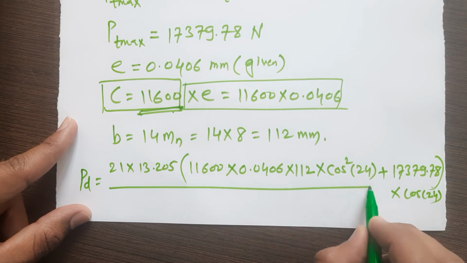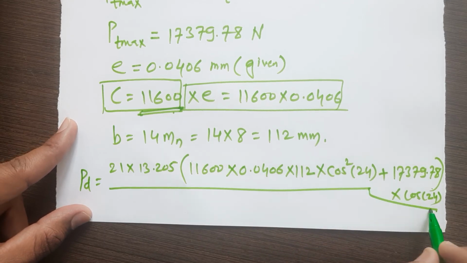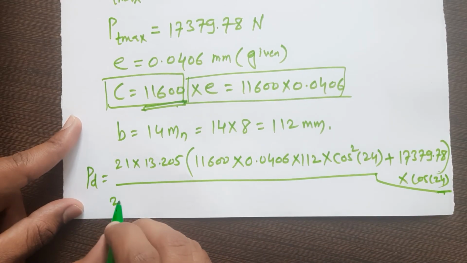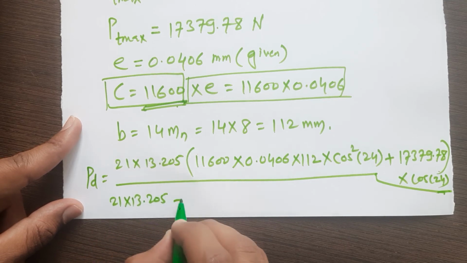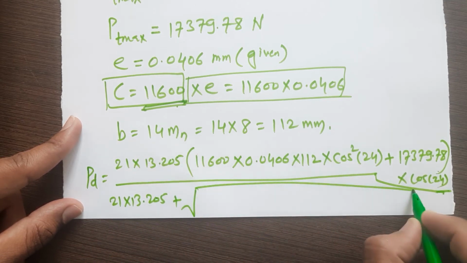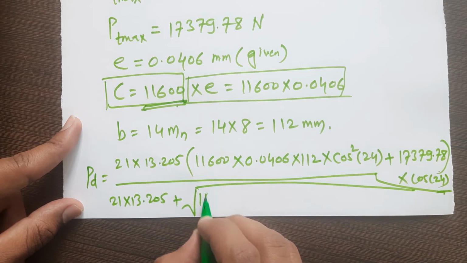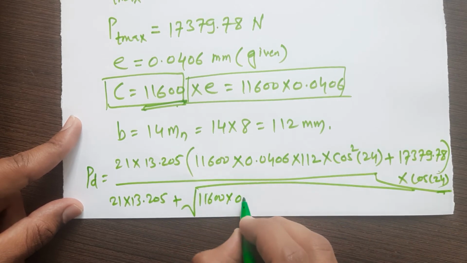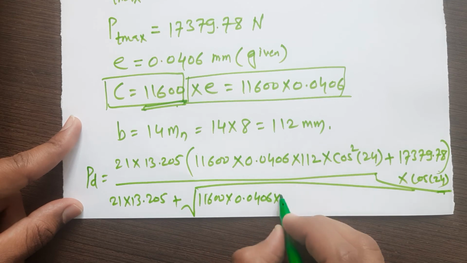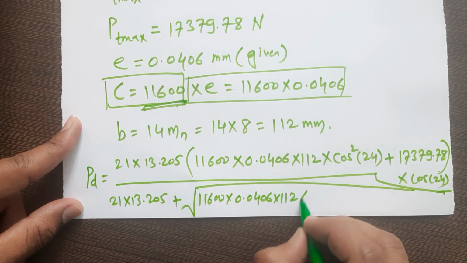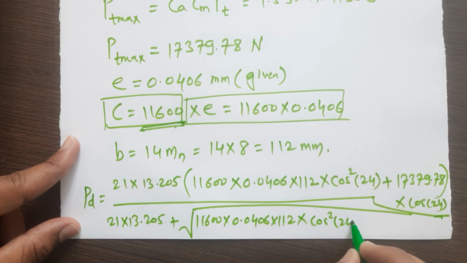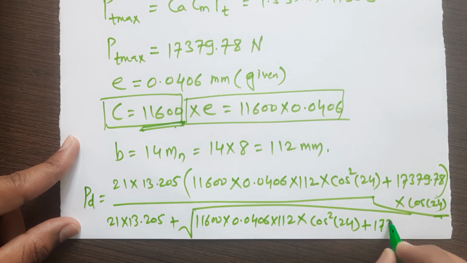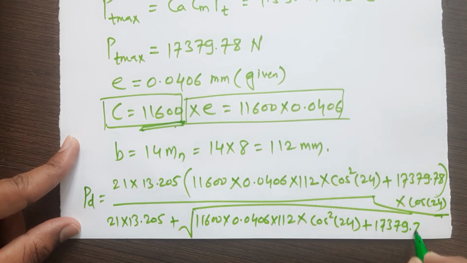Then you have to write the denominator. In the denominator again 21, V is 13.205, plus under root CEB, 11600, E is 0.0406, B is 112, into cos square 24 plus Pt max, which is 17379.78.